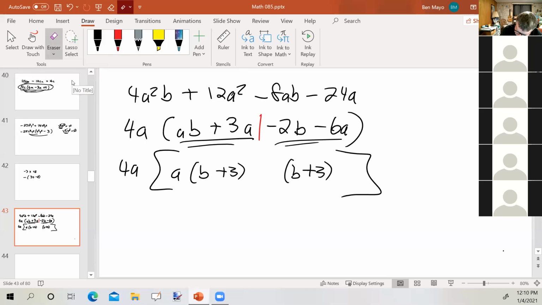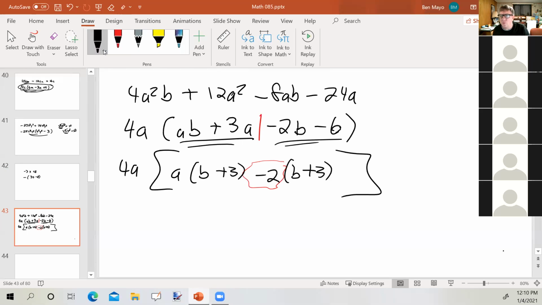Good job. So, yeah, now does it work? What do I take out? What's going to go right in here? Negative 2. Yeah.